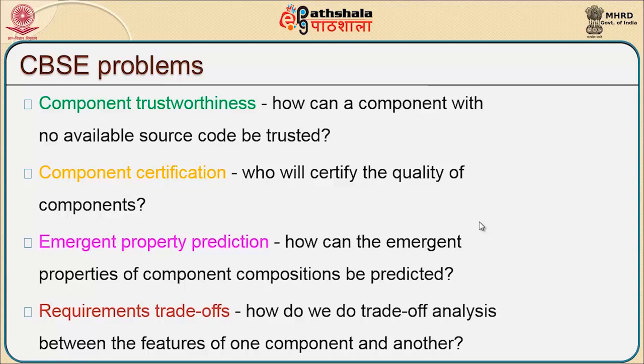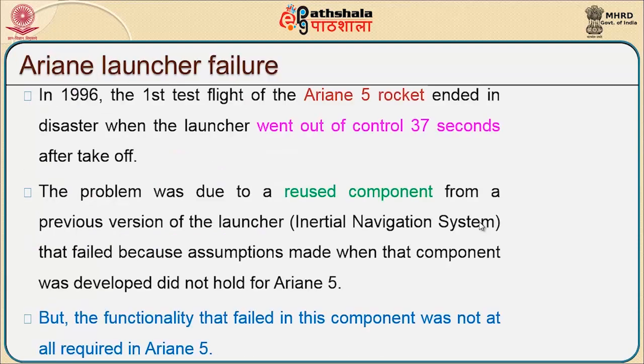If these components are available as libraries, at what point in time they are needed can never be predicted, and even if it is predicted, how well can it be used as a component in the software that I am developing? And requirements trade-off: how do we do a trade-off analysis between the features of one component and another?